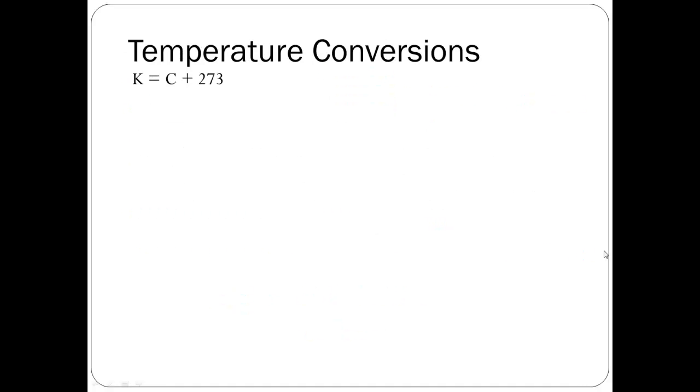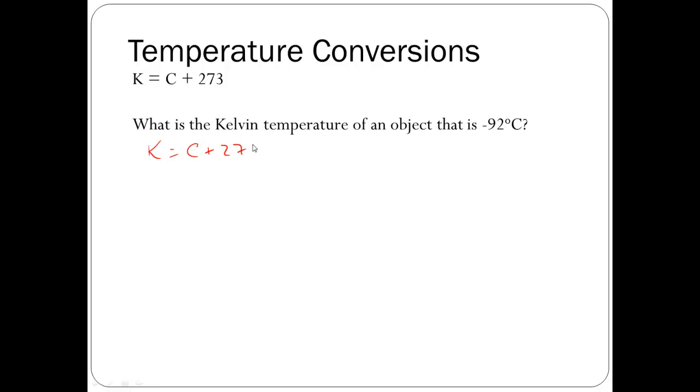So let's practice here a little bit. This is where the calculator comes in handy. What is the Kelvin temperature of an object that is negative 92 degrees Celsius? So Kelvin equals Celsius plus 273. Or if it makes you feel more comfortable, you can do Kelvin equals 273 plus your Celsius.